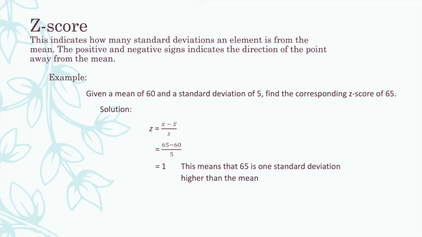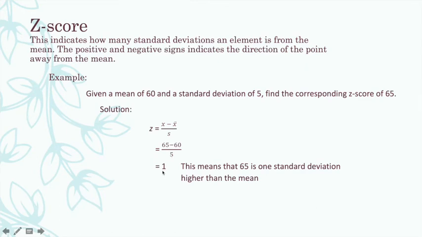Okay, let's solve this. So let us find the z-score. z is equal to x, the observation, minus x bar, the mean, over s, which is the standard deviation. The observation there is 65, the mean is 60, and the standard deviation is 5. So 65 minus 60, that's 5. 5 divided by 5, that's 1.